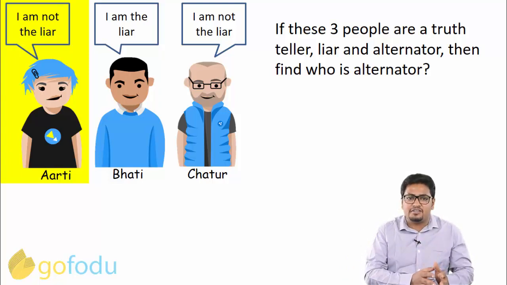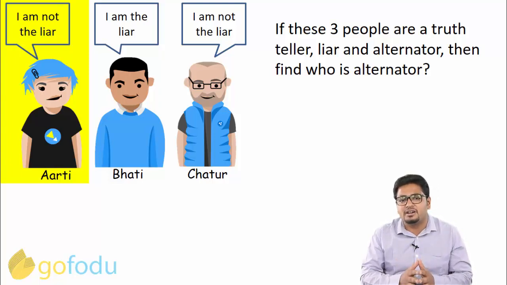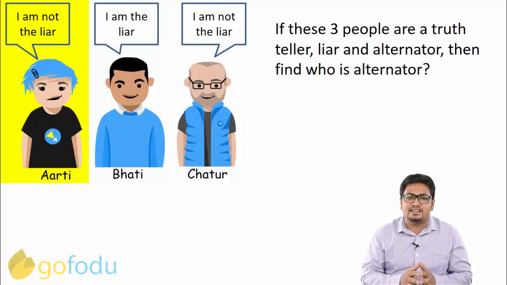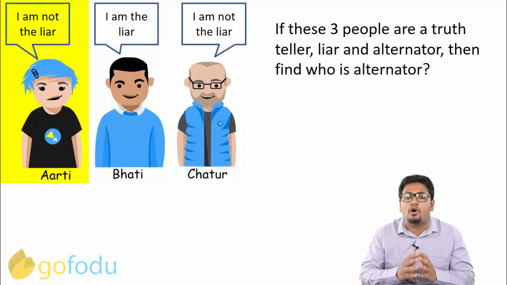On the other hand, if we consider Arti to be the liar, then also this statement comes out to be correct. A liar can definitely say that he is not the liar because he will be lying about his identity. The same goes when we assume her to be an alternator, because an alternator can tell both truth as well as lie.